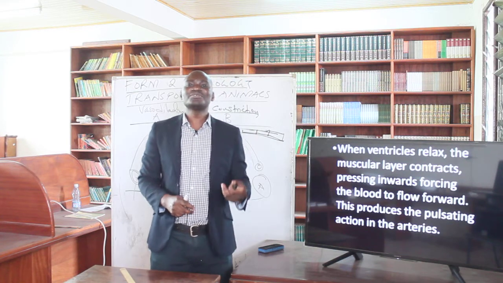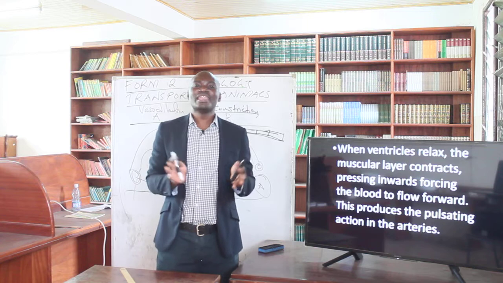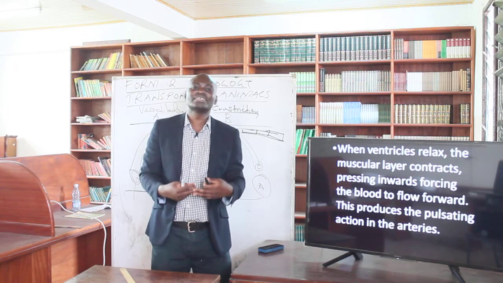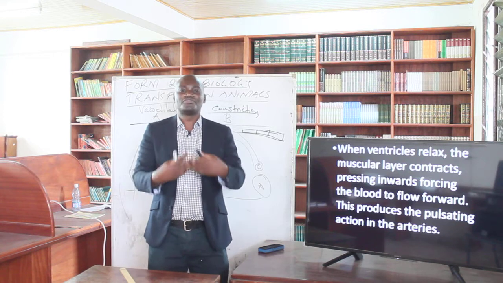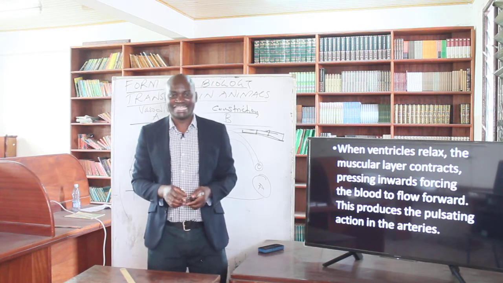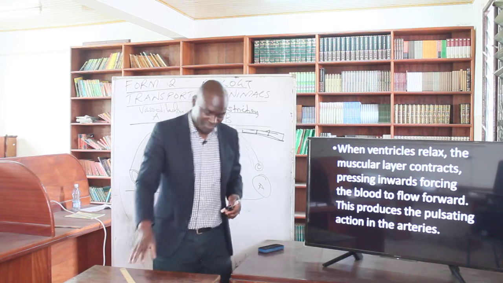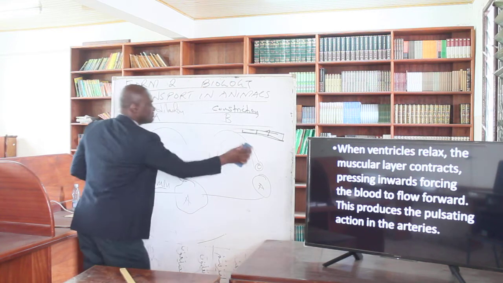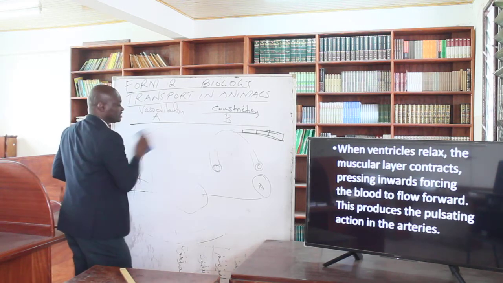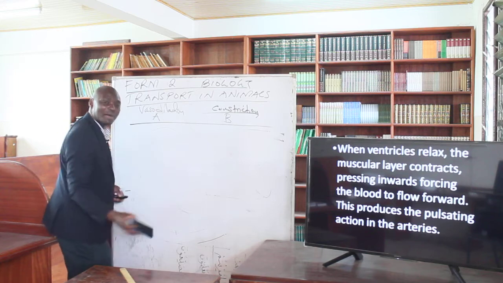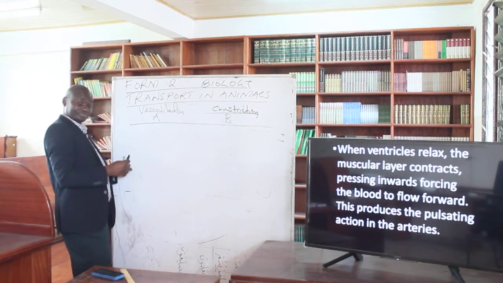So when the ventricles relax, the muscular layer contracts, pressing inwards, forcing the blood to flow forward. In this process there is pulsating action. I want to explain that pulsating action.